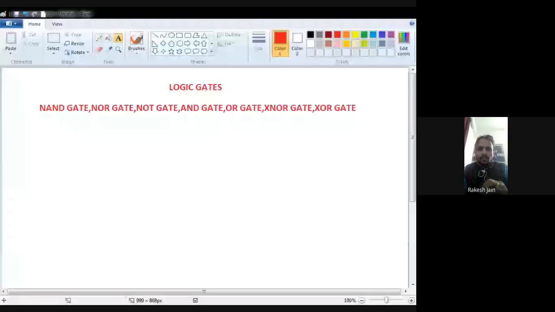Basically the different kinds of logic gates are, I write down the names: NAND gate, NOR gate, NOT gate, AND gate, OR gate, XNOR. Actually, it is known as exclusive NOR gate. When I explain it, at that time I will write down the full name.